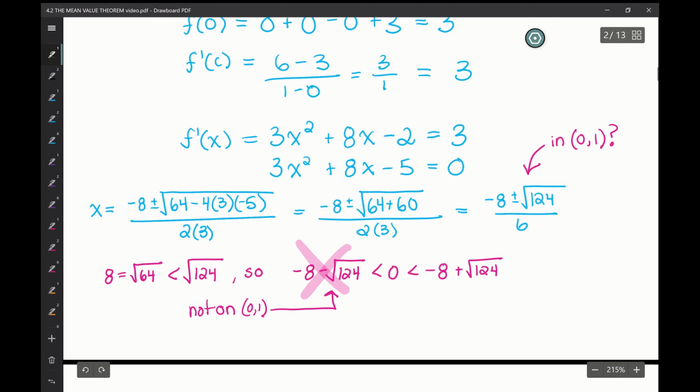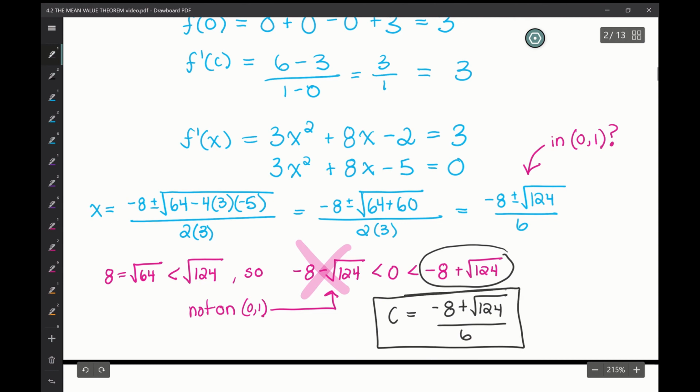Since by the mean value theorem we have to have at least one solution, and the only other option is negative 8 plus the square root of 124 for our numerator, that means that c must be equal to that negative 8 plus the square root of 124 all over 6. If we wanted to, we could simplify this. So this is equal to negative 4 plus the square root of 31 over 3.